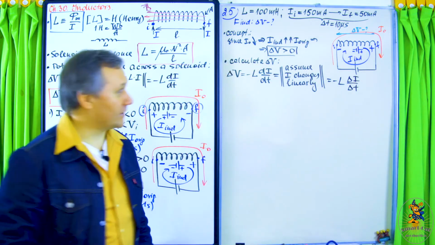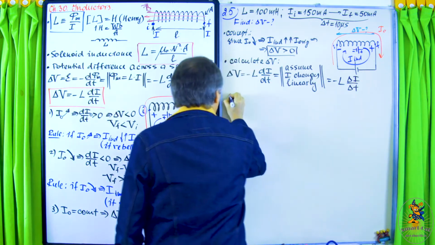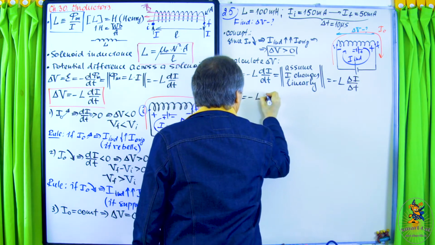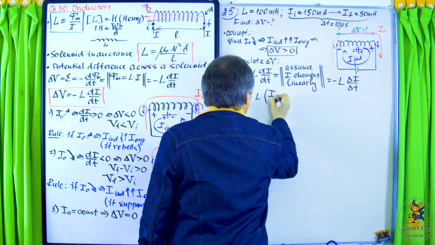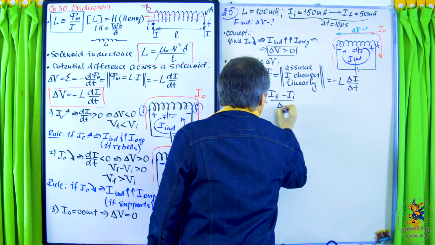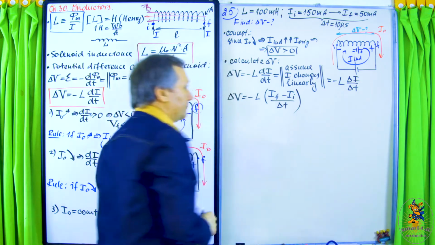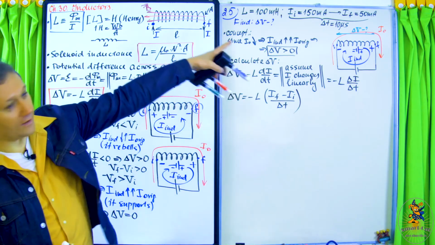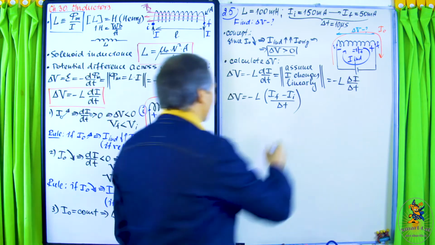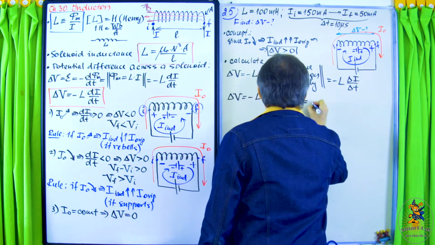Okay, so now let's write explicitly. Delta V equals minus L times I final minus I initial divided by delta t. Final and initial are given. So now we just plug in numbers.